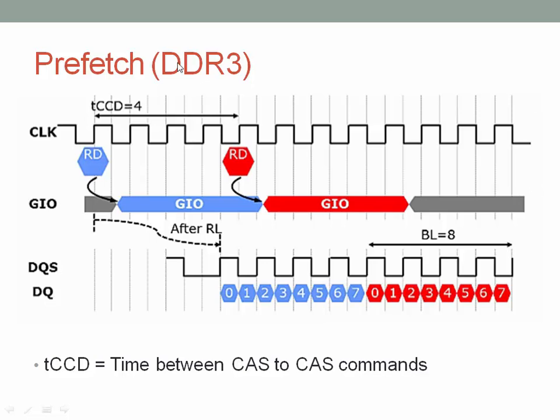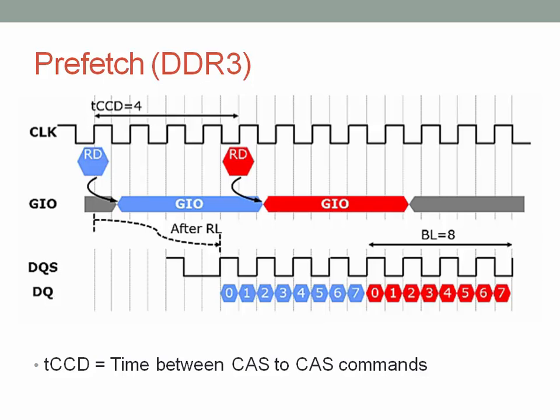So here is a waveform of prefetch. Here is the clock coming in, and this is the read command. We have something called the CAS latency, which is the time taken from a read command up to whenever the first data comes out.